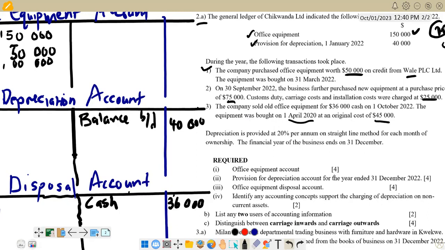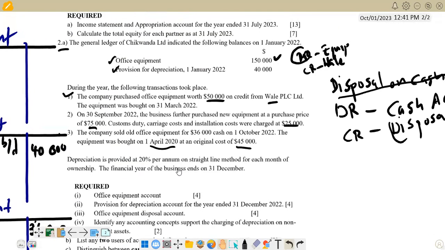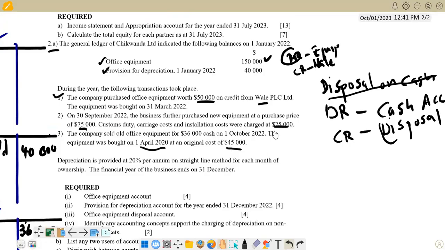So this cost price is still there in the books in the equipment account. Since this non-current asset is moving outside the business, we need to remove it in our books. So, the double entry on removal of a non-current asset.